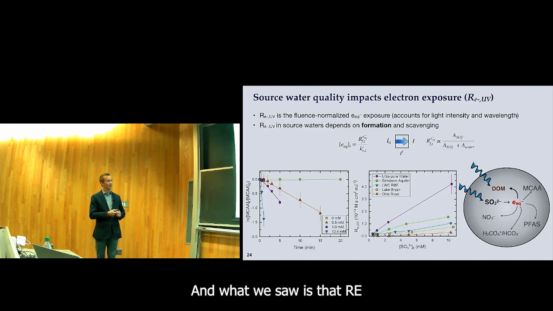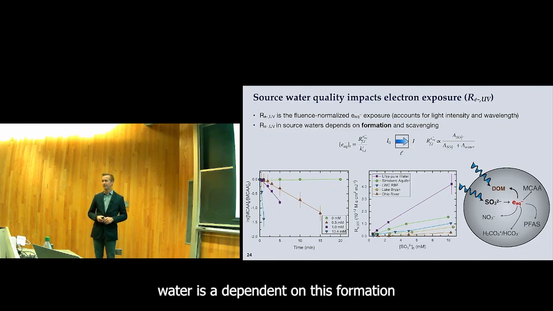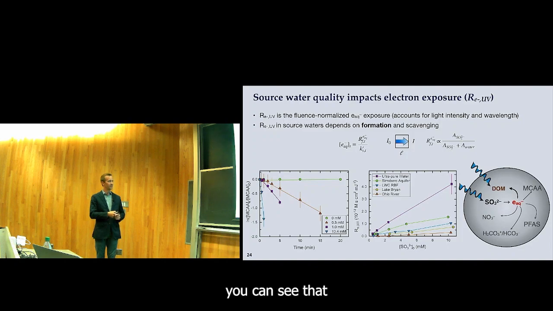And what we saw is that RE minus UV in the source waters depended on this formation term, right? What is the rate of aqueous electron formation in the system? In these data, you can see that the degradation rate of chloroacetate increases with increasing concentrations of sulfite. And that's true for all of our source waters.